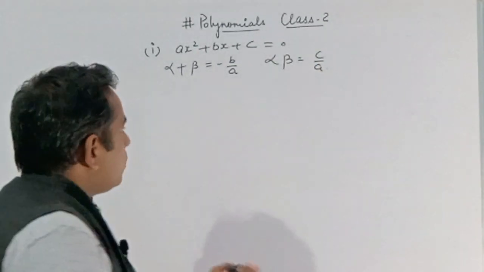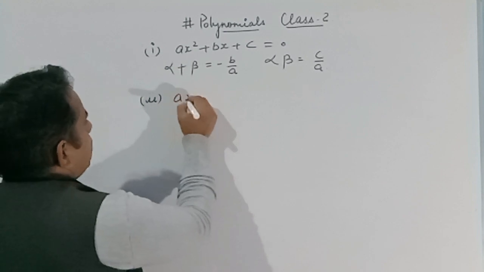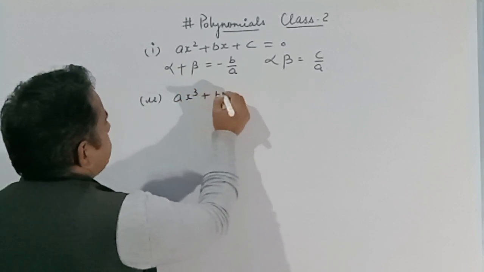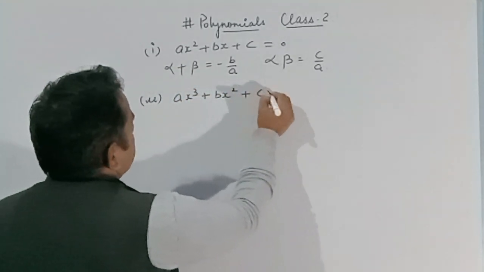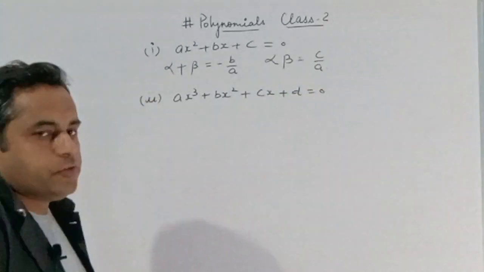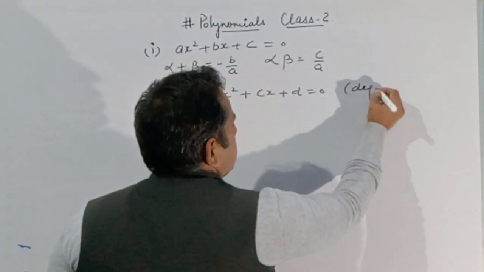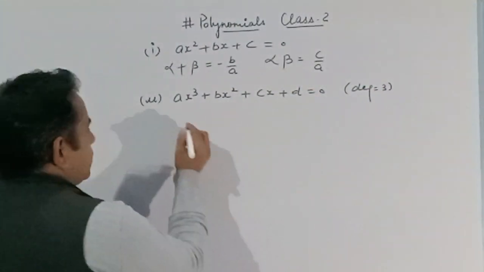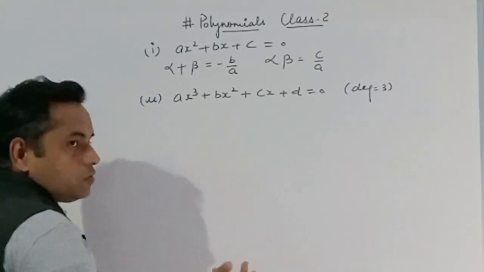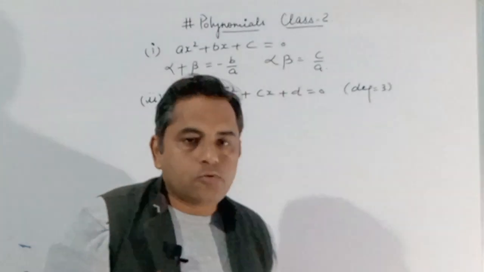Okay, now secondly we have a cubic equation. As we know, the degree of this equation is 3, so how many roots will there be, how many zeros will there be? 3, because it is a cubic equation.